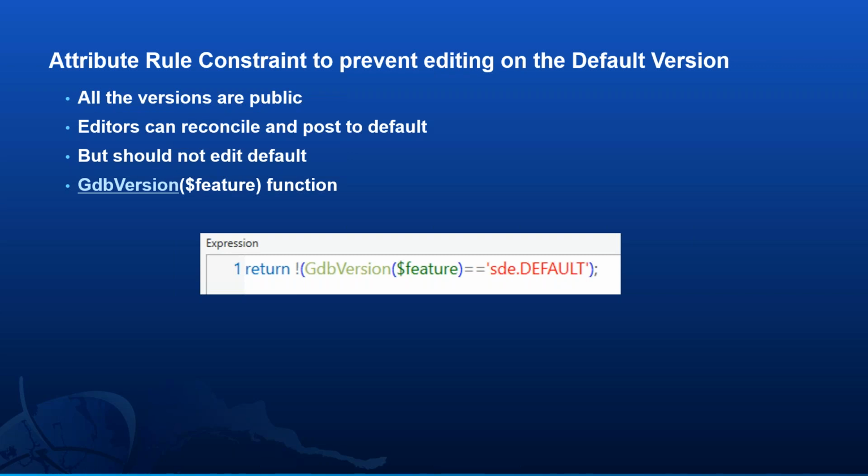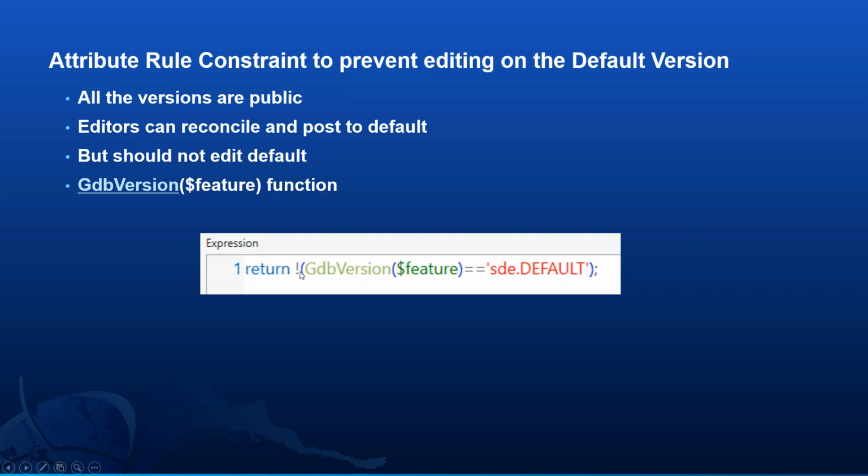So one option you can think about is a new method that came out in 2.7, and there's a link in the slides that I'm going to share to the function reference, called GDB version. So you can check the version that the feature is using and ask, is it using SDE.default?